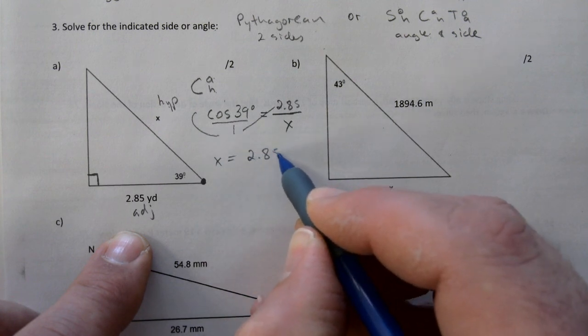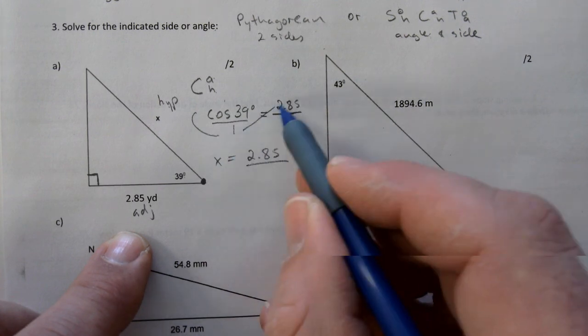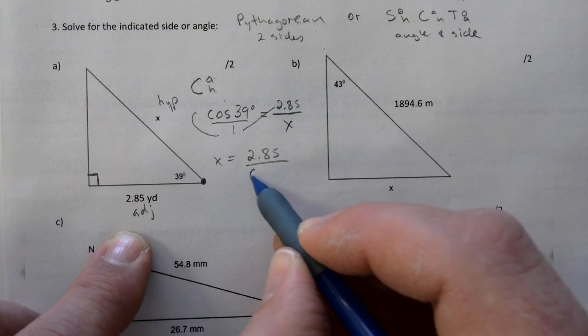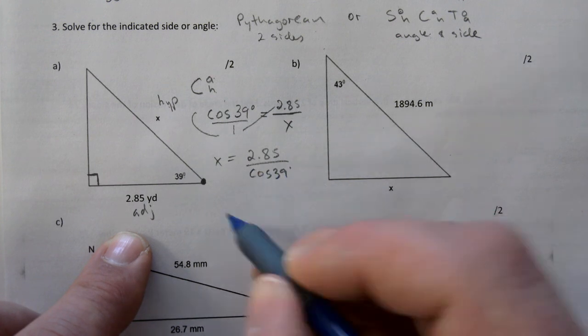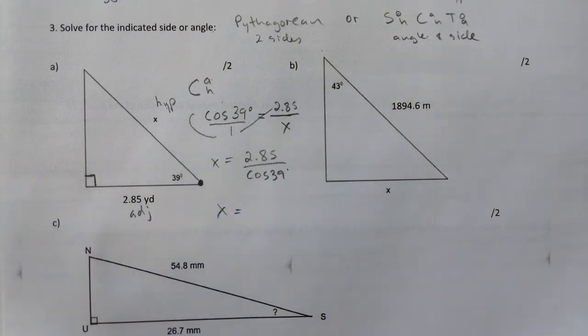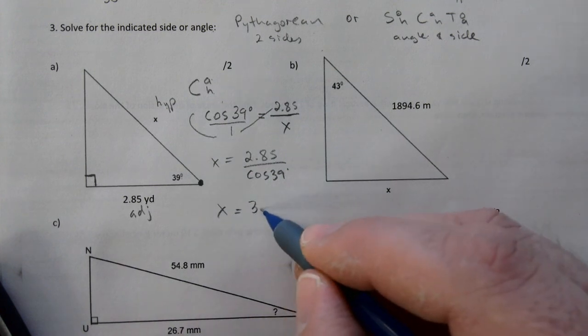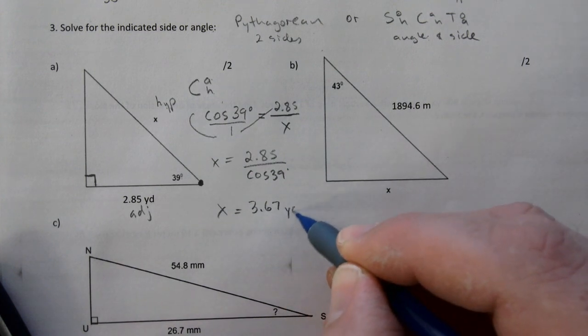So it's essentially 2.85, right? This is 2.85 here, divided by cosine of 39. And this is where having a good calculator comes in handy. Okay? 2.85 divided by cosine of 39. That's 3.67 yards.